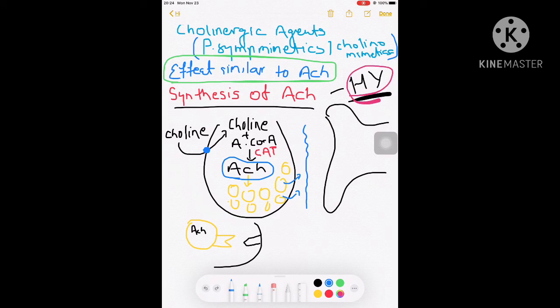During the release, these vesicles have a protein called syntaxin, and this membrane also has a protein called synaptobrevin.